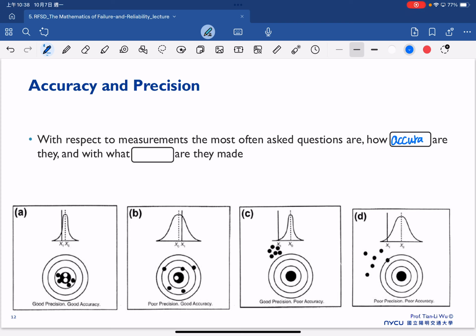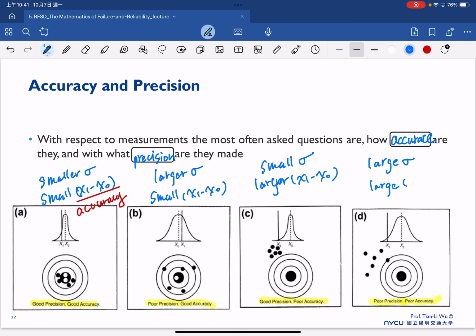And the last one for sure is the worst one. We have the poor precision and poor accuracy. This is because we have both the large sigma and also the large x1 minus x0.